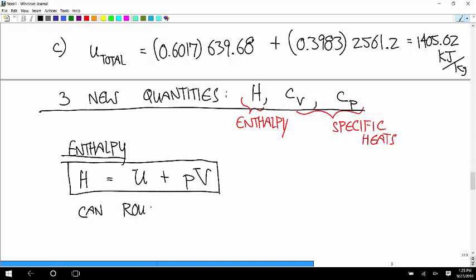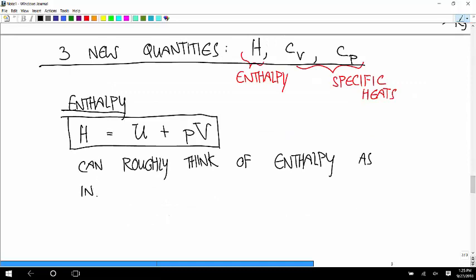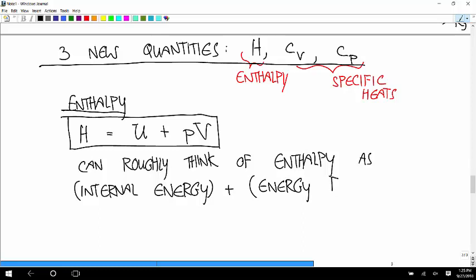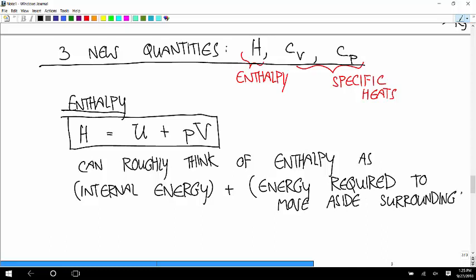You can roughly think of this as the internal energy plus the energy required to move aside the surroundings to put the material in place.